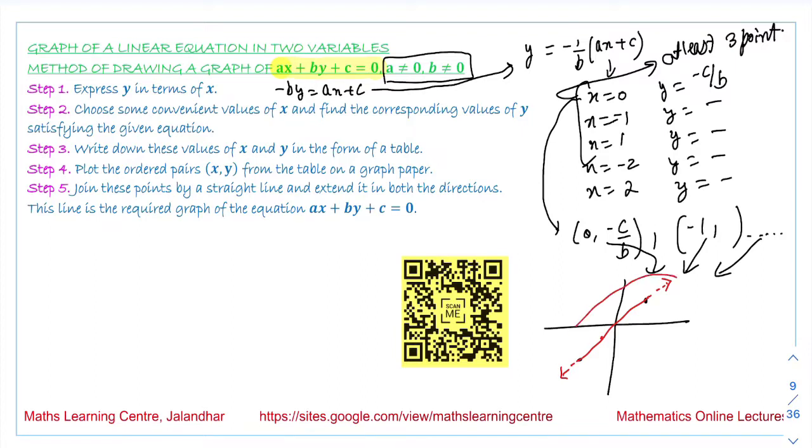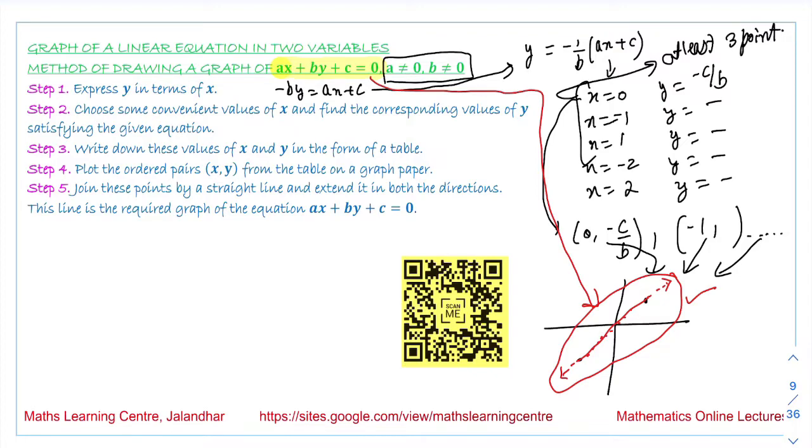That will be the solution of this equation, the graphical representation of the linear equation in 2 variables. When we use the word solution, it means all the points lying on this line are solutions of this linear equation.